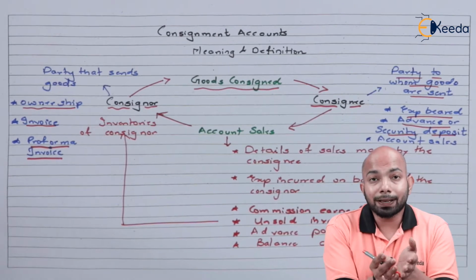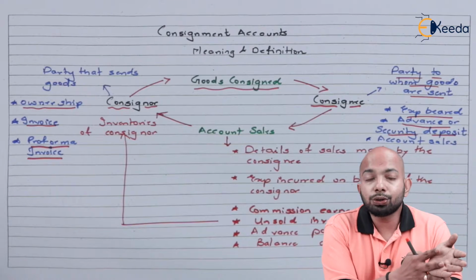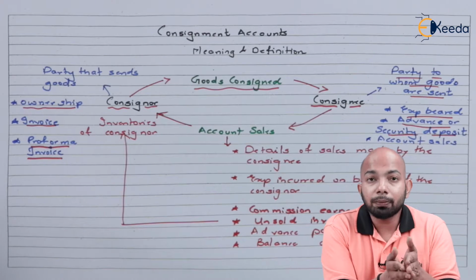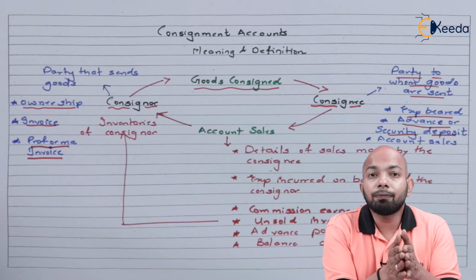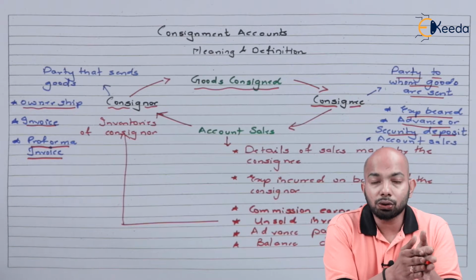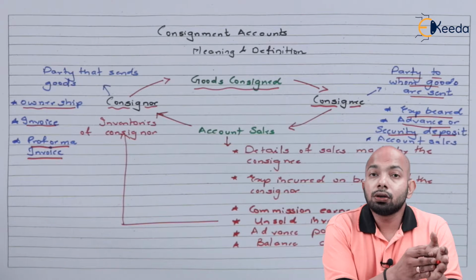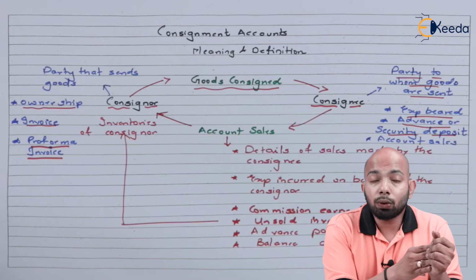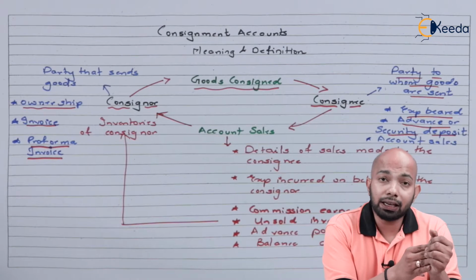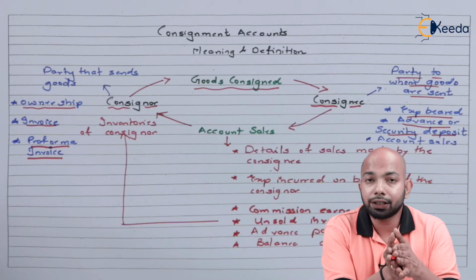To help with such expenses, the consignor may also send certain advance payment or security deposit to the consignee so that he can make up for the initial expense of making that sale happen. So there is certain advance or security deposit that a consignee may ask for, or the consignor may directly send to him.